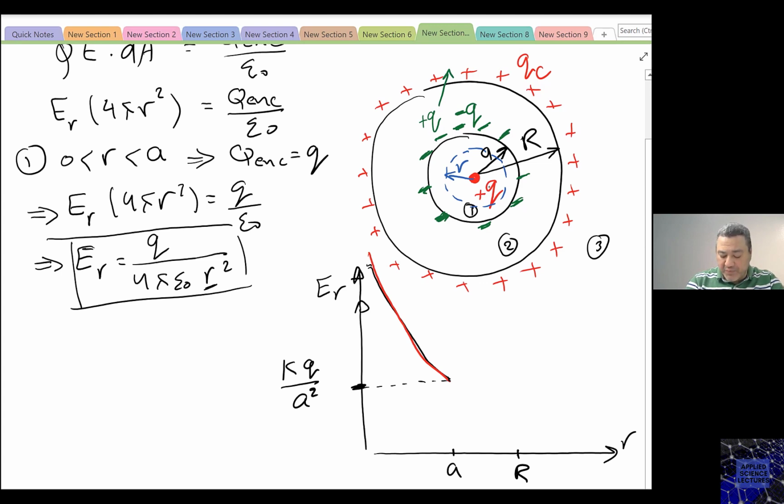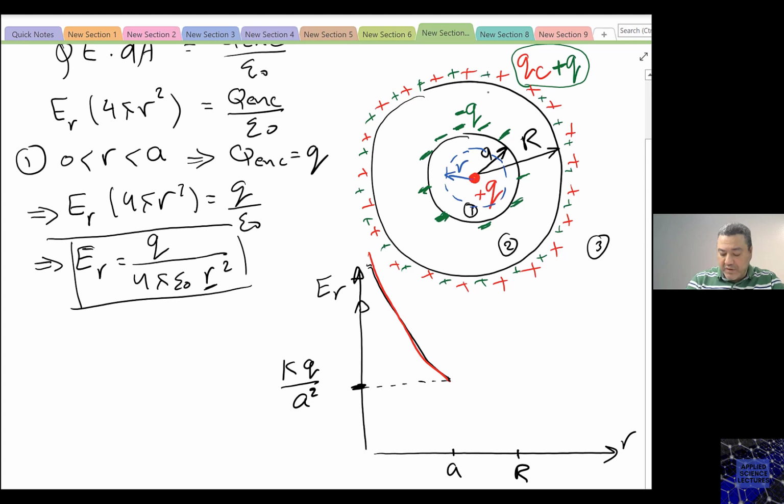Those positive charges went to the surface because of the repulsive forces with the Q at the center of the spherical conductor. So what happened now? The conductor got polarized, the negative charges got distributed on the surface of the cavity, and the positive charges went up and joined the charges that we had at the outer surface of the spherical conductor.